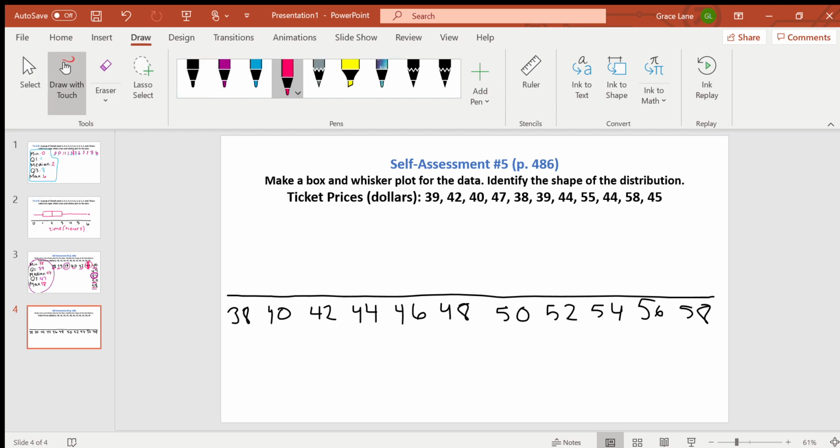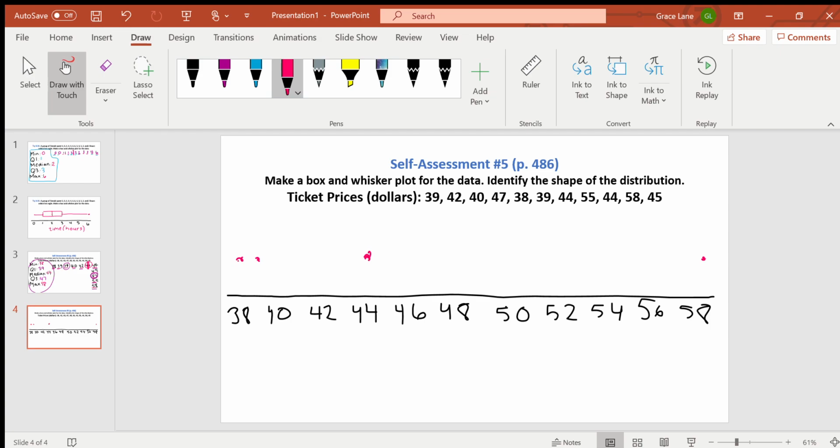Then just start labeling where each of your 5 numbers fall. We said the minimum was 38. The maximum was 58. Quartile 1 is 39, so in between 38 and 40. The median is 44.